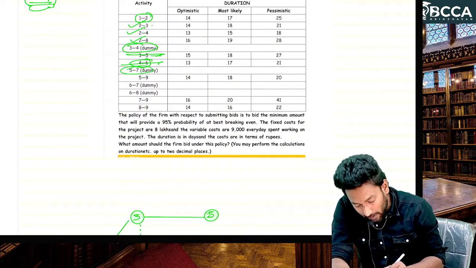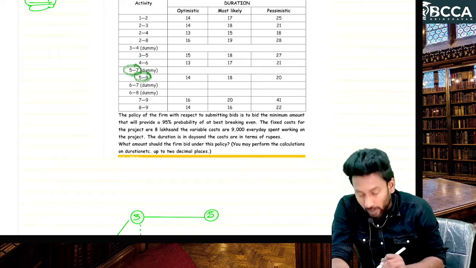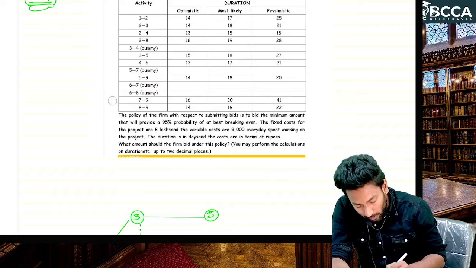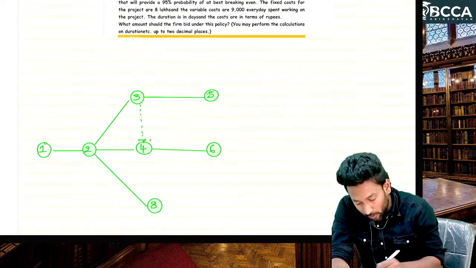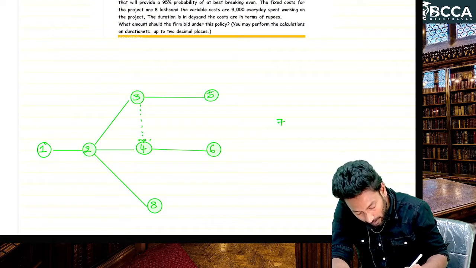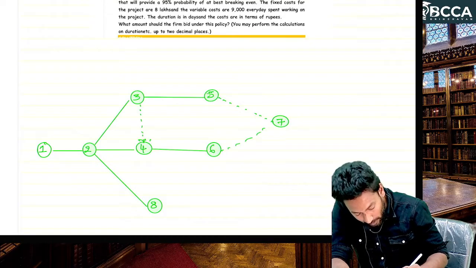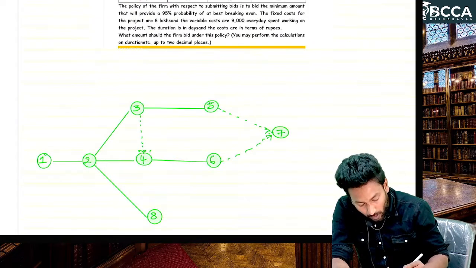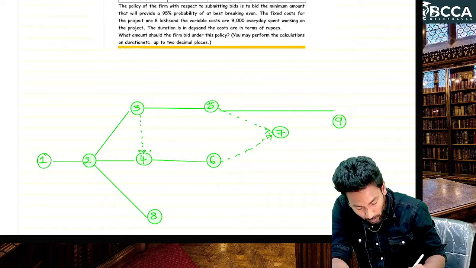Now 5 to 7 is a dummy, and 5 to 9 is an activity. Likewise 6 to 7 is also a dummy, so take event 7 here. Next, 5 to 9, which has an actual activity, so I'm taking 9 here and connecting 5 to 9.